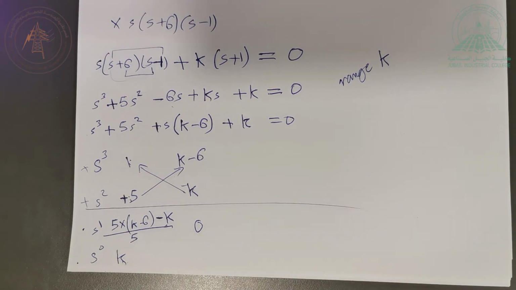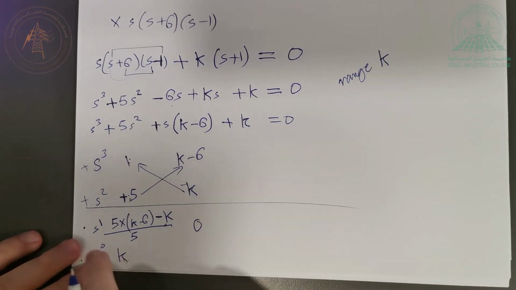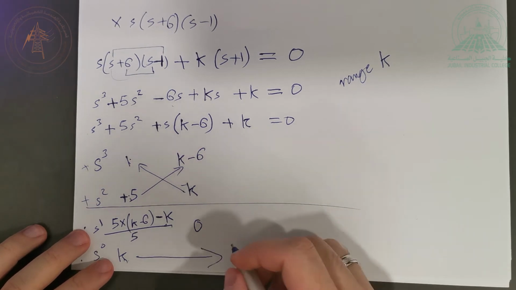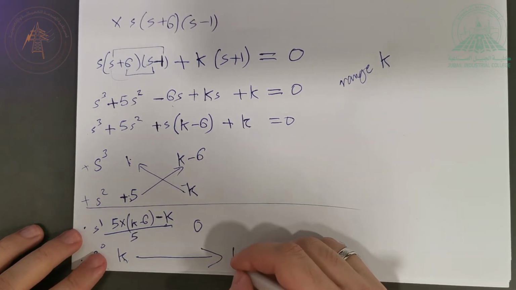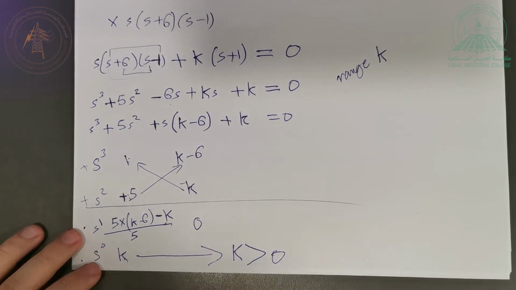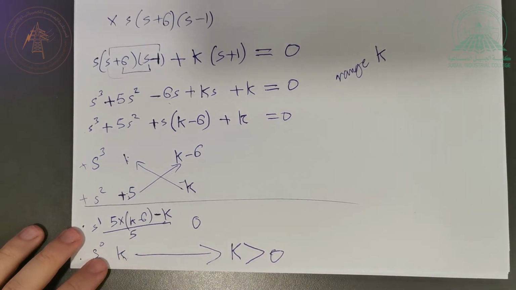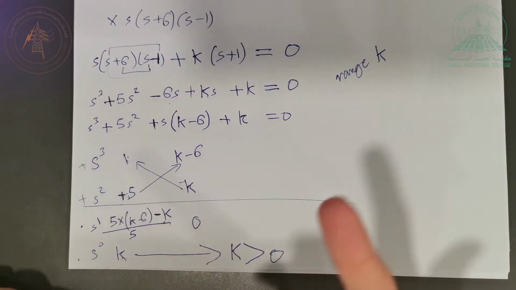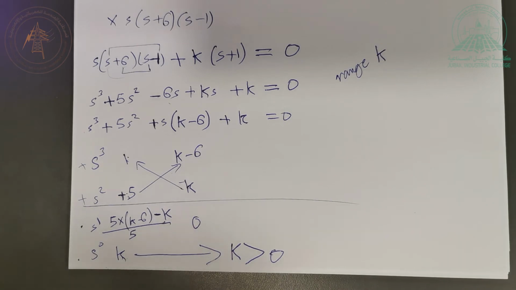Okay? Let's start with this one. This is simple, k. So in order for this component to be positive, this will necessitate that k has to be greater than 0. If I make k greater than 0, this is positive, so I have no problem here. But if you look carefully, if I choose for example k equal to 1 and put it here, what will happen?